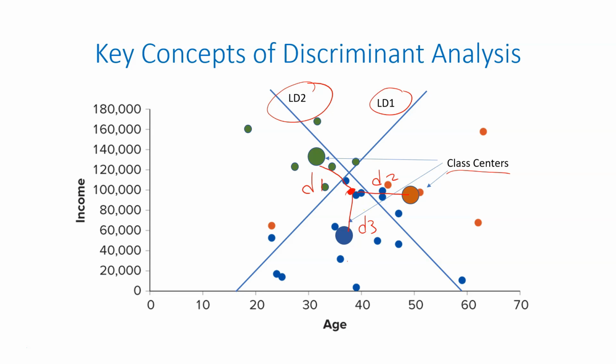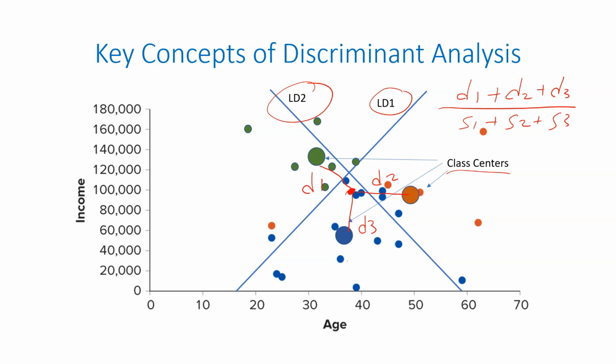So the discriminant functions that can maximize the value of the sum of D1, D2, and D3 divided by the sum of the scatters S1, S2, and S3 are the best dimensions that separate the classes.